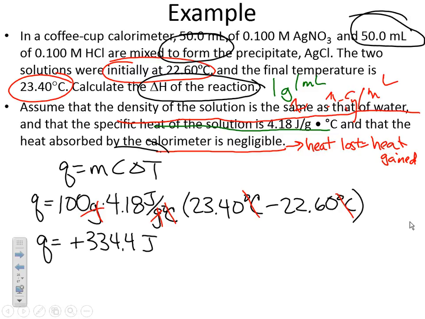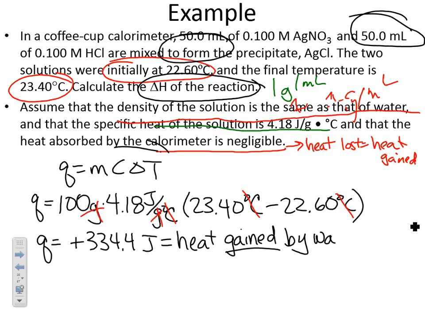Because you're not measuring the change in temperature of the reaction. This right here is your heat gained by the water that's in this calorimeter, because that is the number one component in that calorimeter. So you put a thermometer in, that is what the thermometer is measuring. That value, the positive 334 joules, is the heat that is gained by the water.